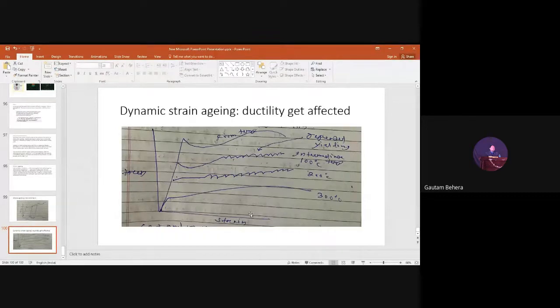So, can you people figure it out? What is happening? This is the stress axis. This is the strain axis. And you can see many curves. This is one curve, this is another curve, this is another curve, and this is another curve. Can you figure out the difference between these curves? And something is written over here.